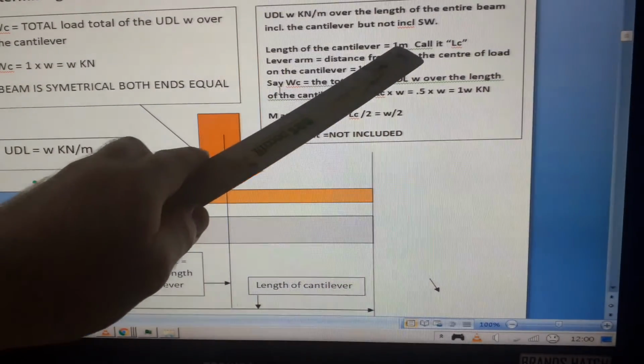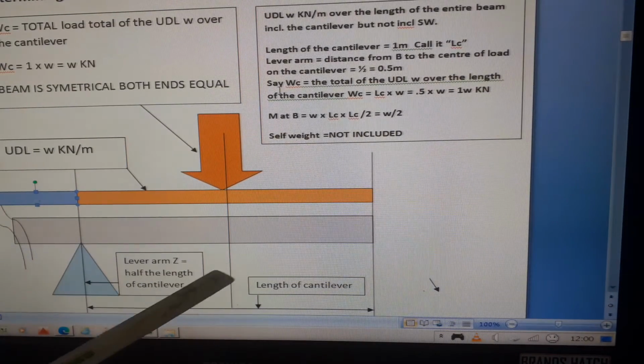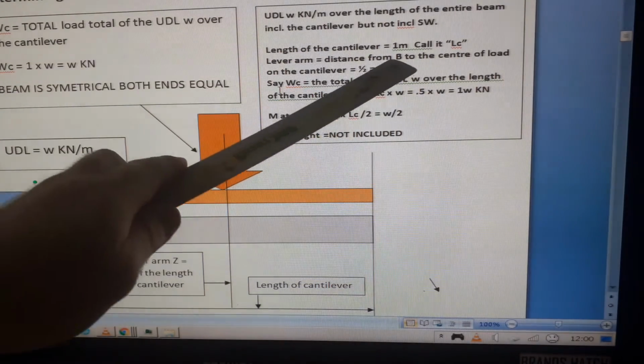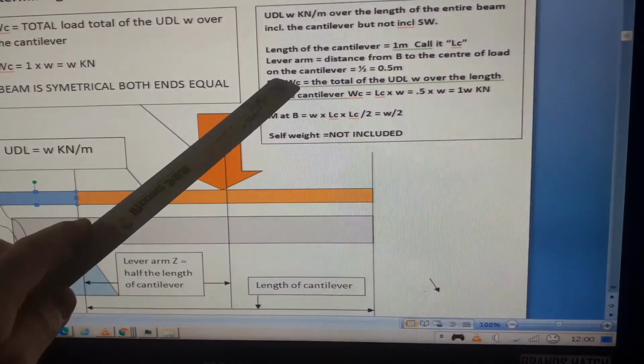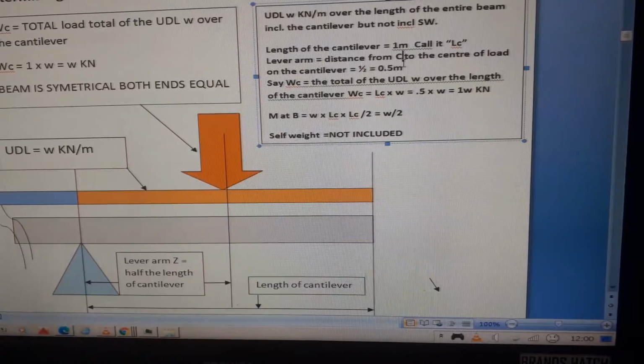The length of the cantilever is 1, call it LC. The lever arm, that distance from the centre of load to the support, from C to the centre of the cantilever load, is 0.5 metre.